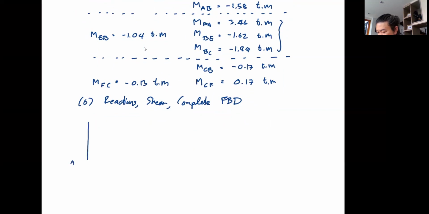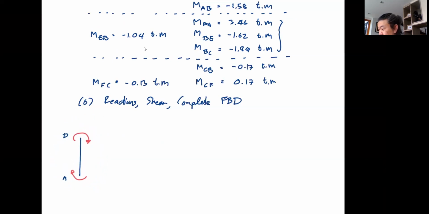So let's begin with AD. AD, you have 1.58, that's clockwise. So we use a different color, so you can see it's clockwise here. And then DA is positive, so it's clockwise. Now let me bring this down a little bit, it's too high.